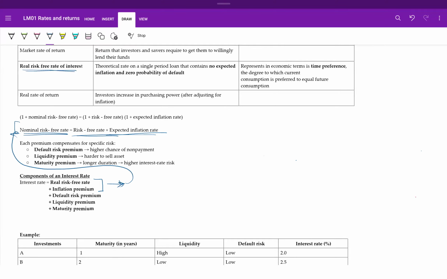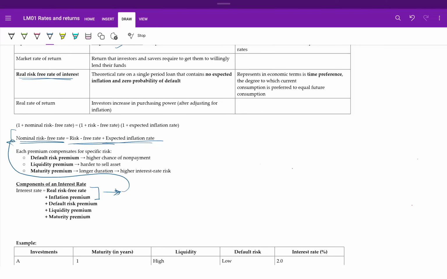So the nominal risk-free rate has inflation in itself. And the risk-free rate of interest is a theoretical rate of a single period loan that contains no expected inflation and zero probability of default. That's why government bonds.